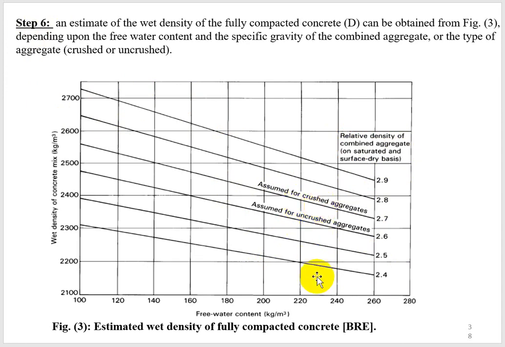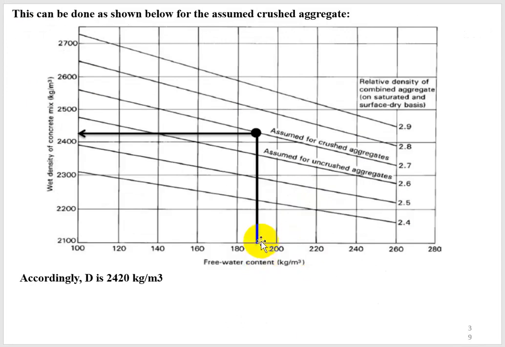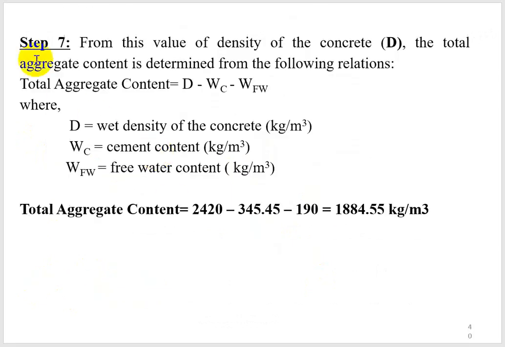In our case it's crushed, so we just match this information on this diagram, and then we get the relative density as 2420. Then we could move to step number 7, which is a straightforward step. We just have the information and then we get the total aggregate content.